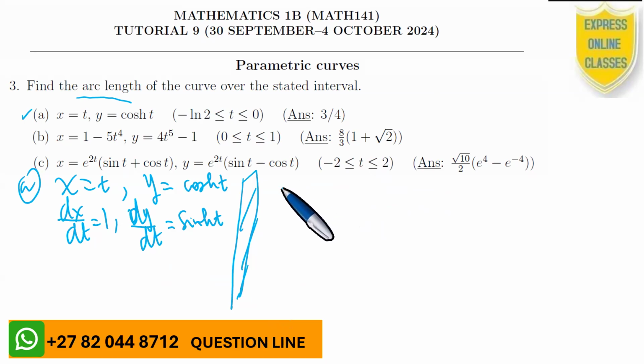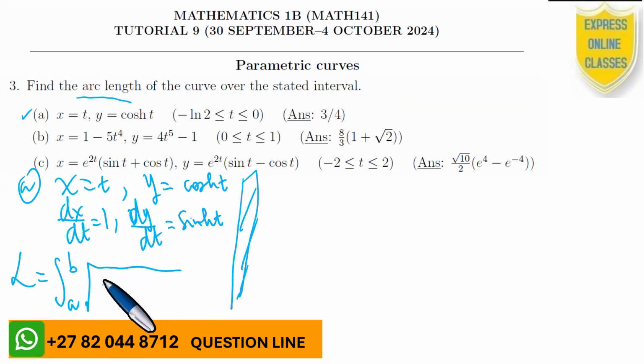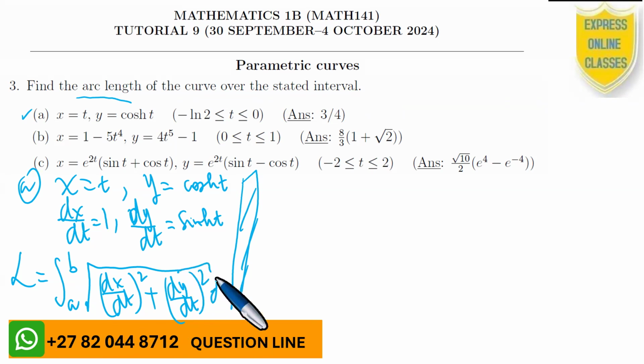So now we have L, the integral from a to b of the square root of (dx/dt) squared plus (dy/dt) squared dt.